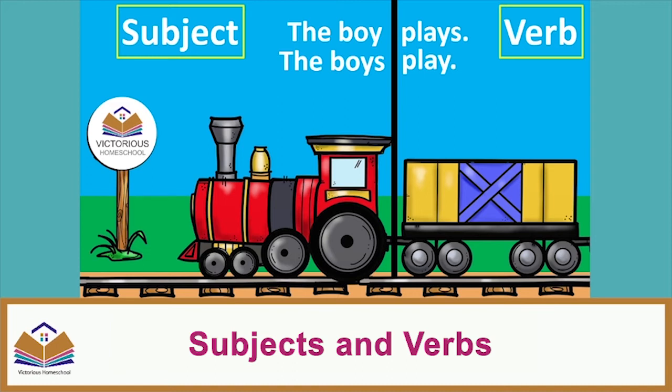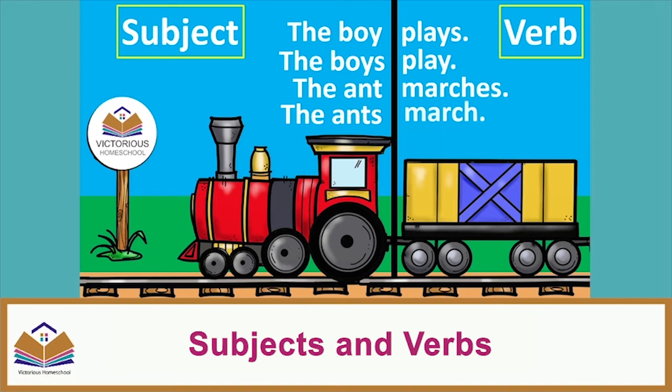The boys play. That's a plural subject and a plural verb. Let's have another one. The ant marches. But if there's so many of them, you say the ants march.